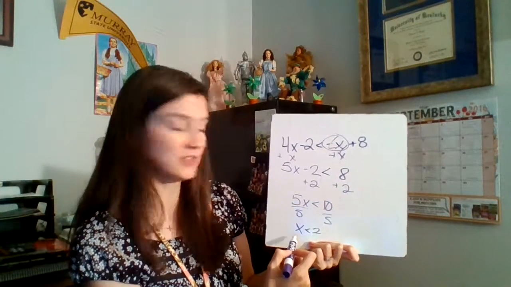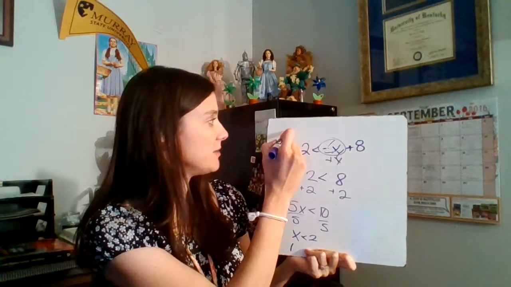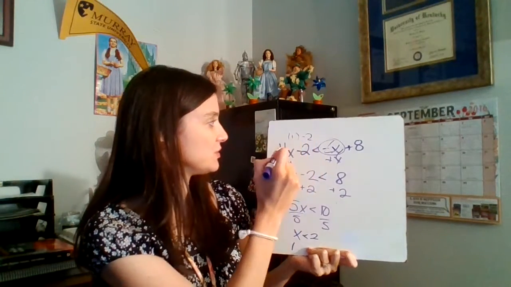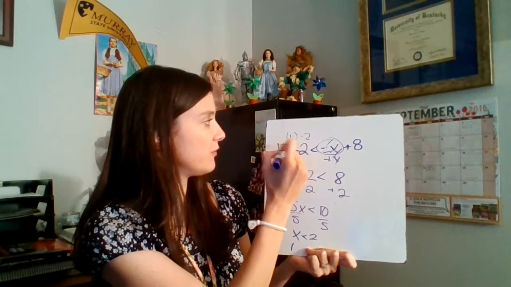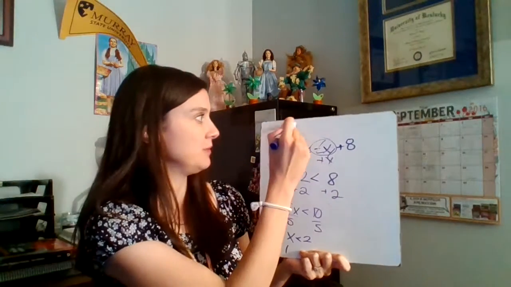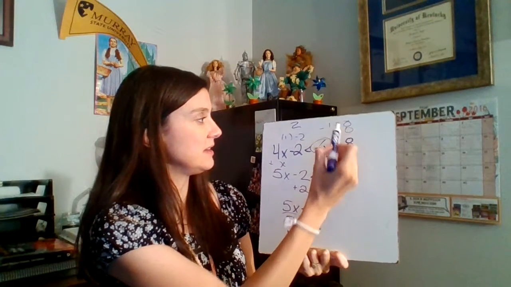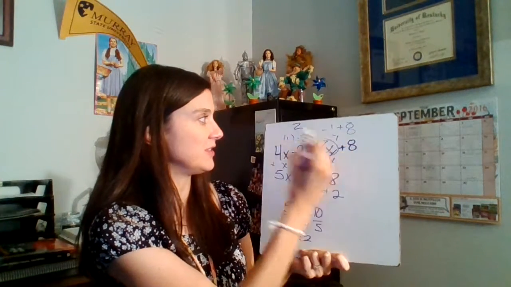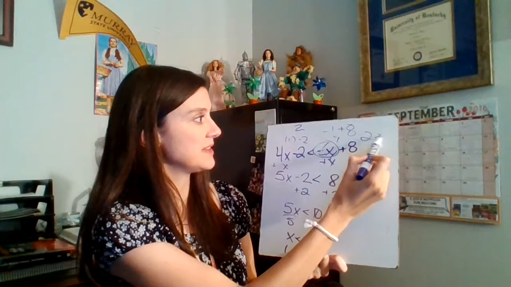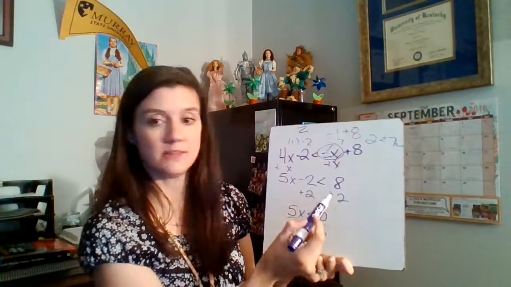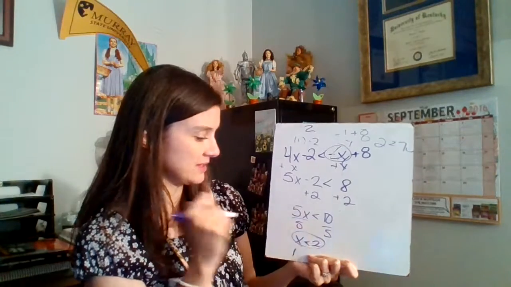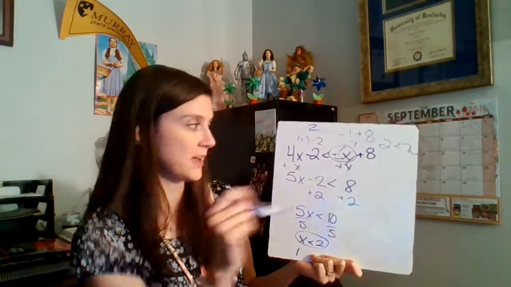A number less than 2 is 1. 4 times 1 minus 2, so 4 minus 2 is 2. Negative 1 plus 8 is positive 7. 2 is less than positive 7. Yes, that works. So x is less than 2 works out.